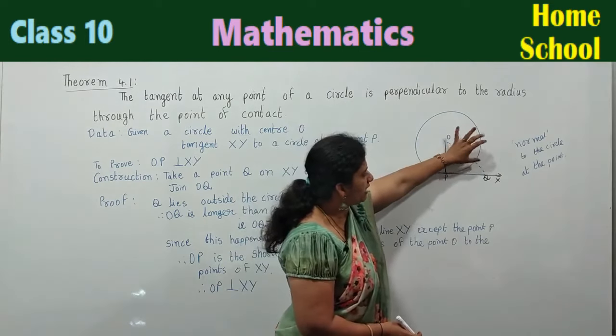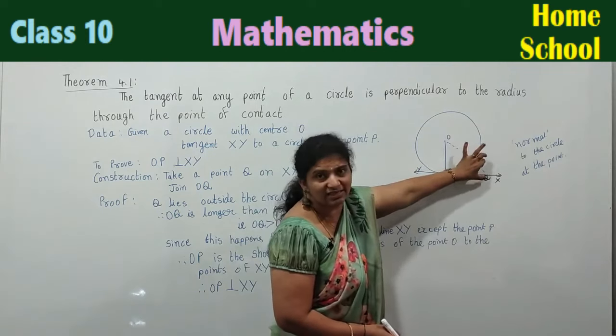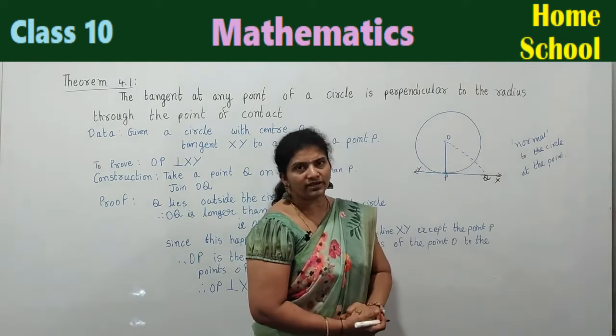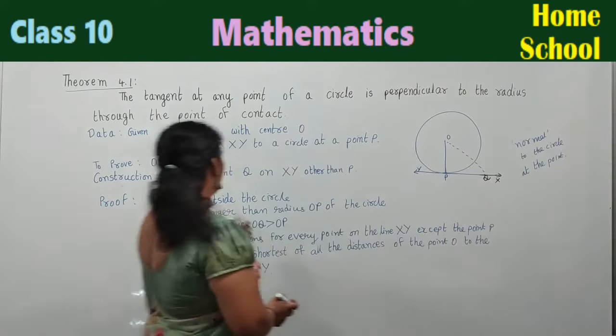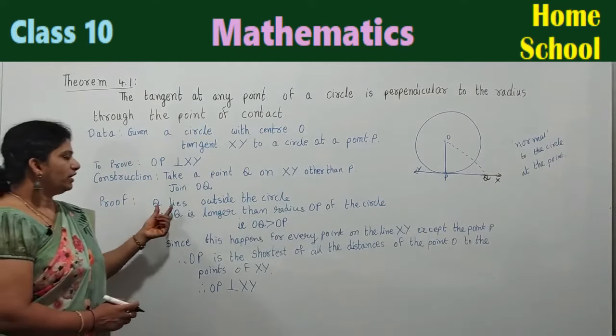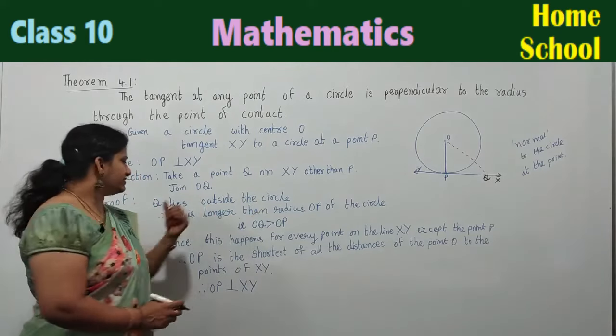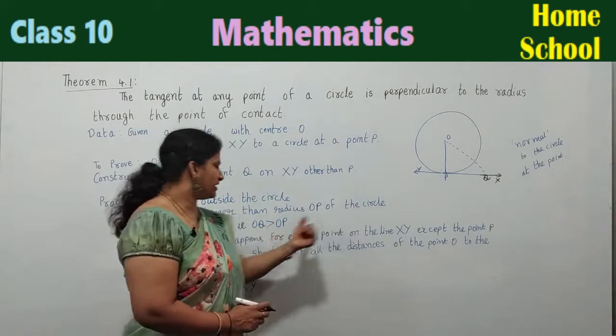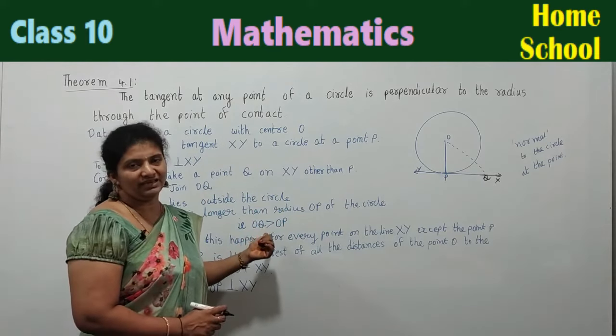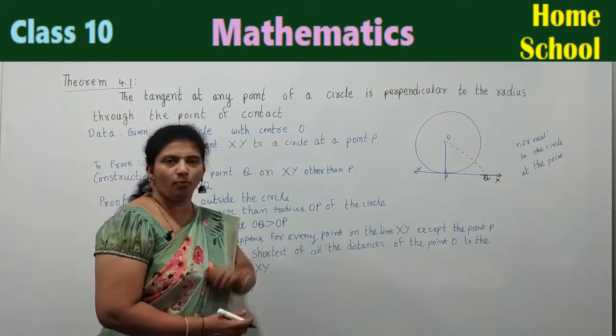Up to here the two distances might be equal, then this length is extra. So OQ is longer than OP. Q lies outside the circle, and OQ is longer than the radius OP of the circle. Therefore, OQ is greater than OP.